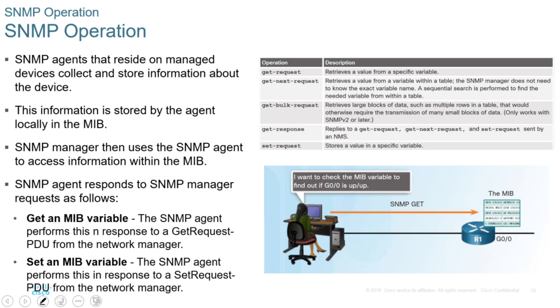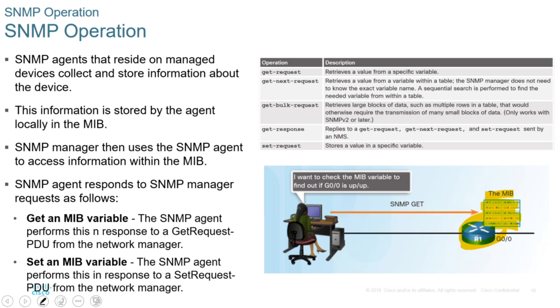So what will happen in a typical device? Say for example, if we take a router, various things will be happening in the router, and all the relevant monitoring information will be stored on the MIB on the router.